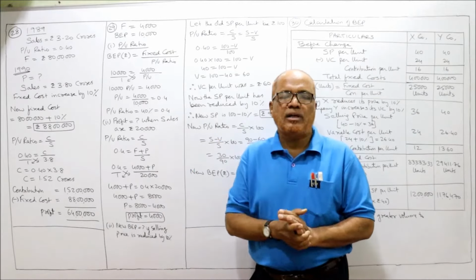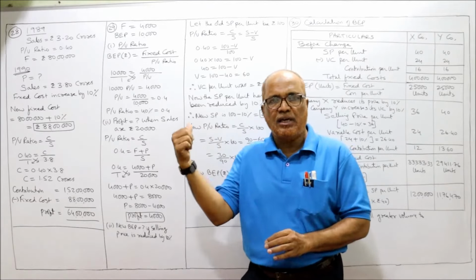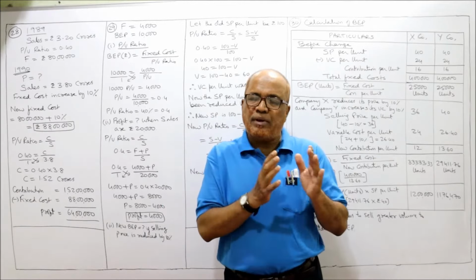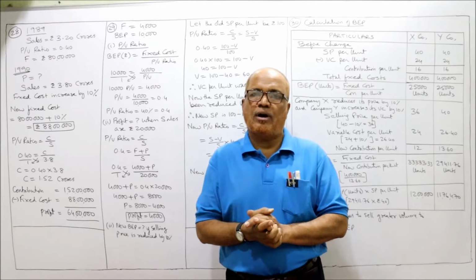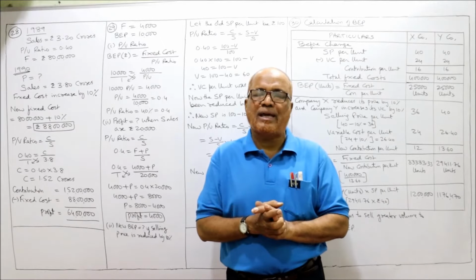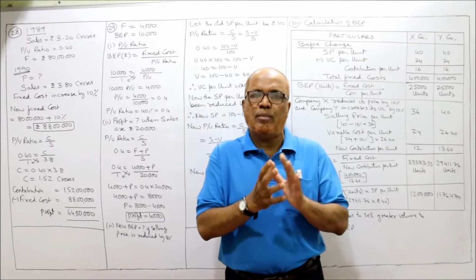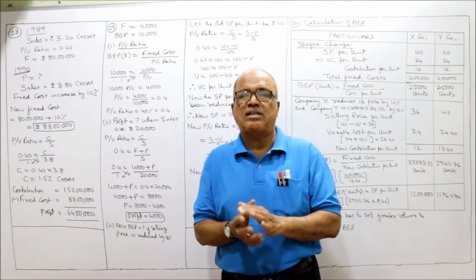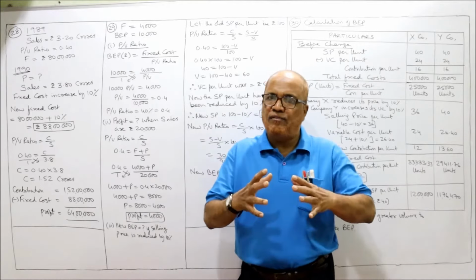Under managerial accounting, the most important technique used by management for decision making purpose is the marginal costing technique, right? In the first video, I have given the complete explanation, the introduction of managerial accounting and marginal costing. If you watch that video, you can get the concept of what is marginal costing technique, absorption costing, what are the differences, why marginal costing is more important than absorption costing, what is break-even analysis, CVP analysis, and the different formulas.